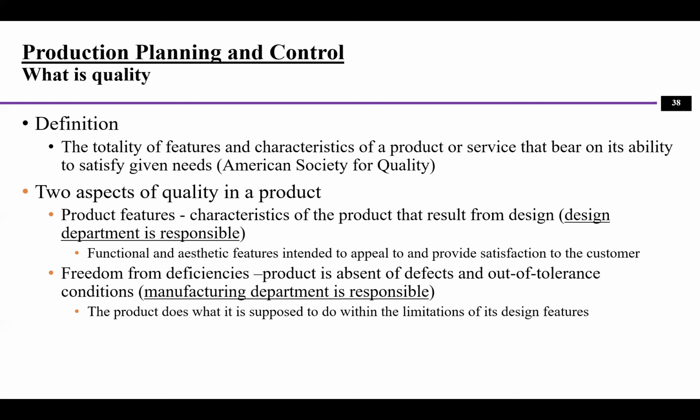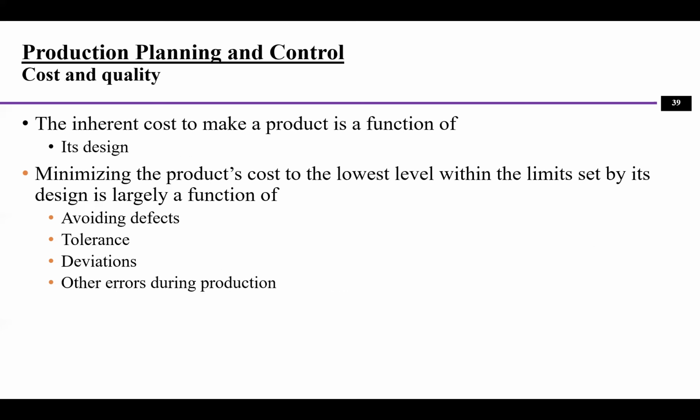Which means the product design is no problem, but when I'm manufacturing it, I'm not making the product or the part according to the design. That's the second aspect, freedom from deficiencies. Typically, the manufacturing department will be responsible for that.